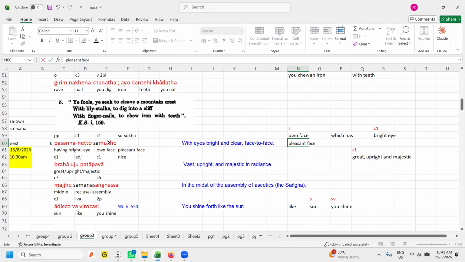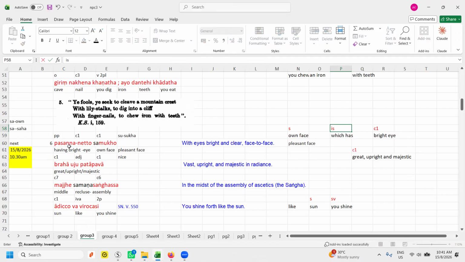So that means this one is an adjective to this. Normally with an adjective you use the word is, because this is equational. But in this case, we are not going to be like that, because here it means bright. This is describing a bright eye.